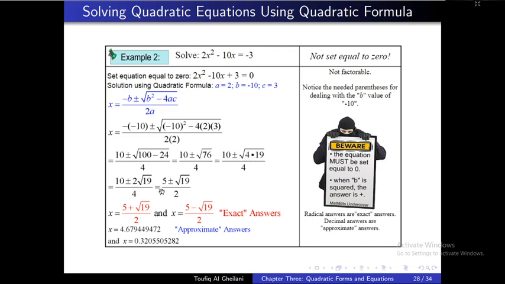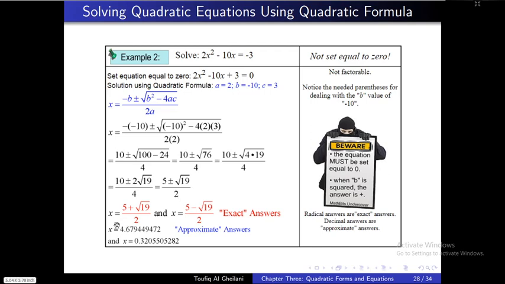Then I take the common factor 2 here, then 10 divided by 2 is 5, then the 2 here is cancelled, and I cancel 2 with the 4, which will give me 2. So this term, in the simplest form, will be 5 plus or negative square root of 19, divided by 2.